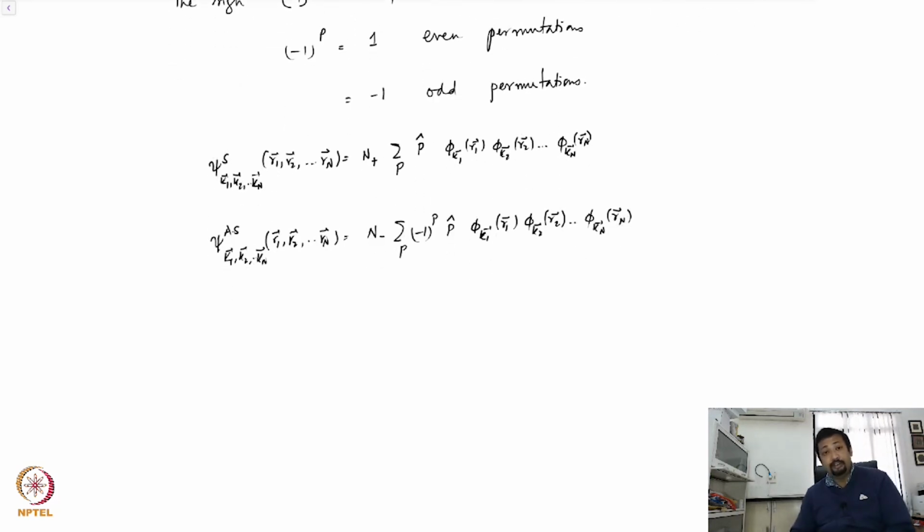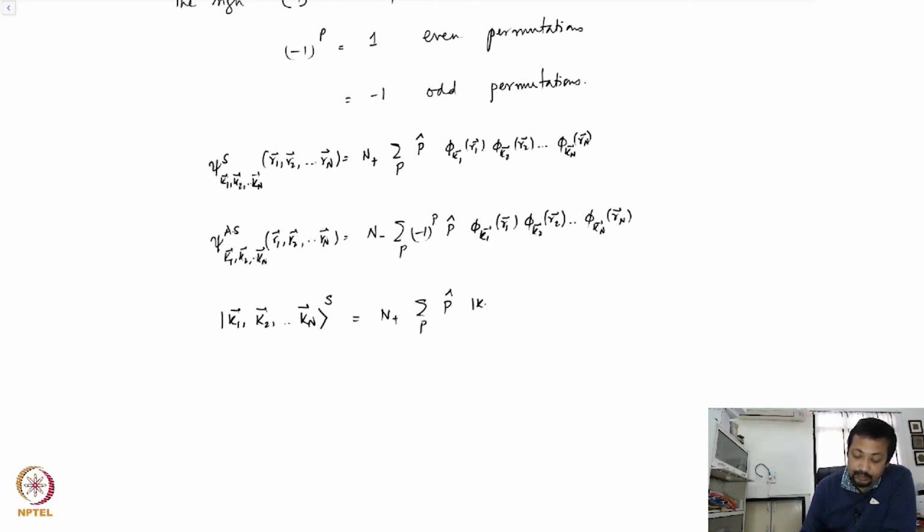So for our benefit, we are going to write this in Dirac notation, which would mean that the symmetric wave function of k1, k2, kn is N plus times the sum over P hat of P hat acting on k1, k2, kn.